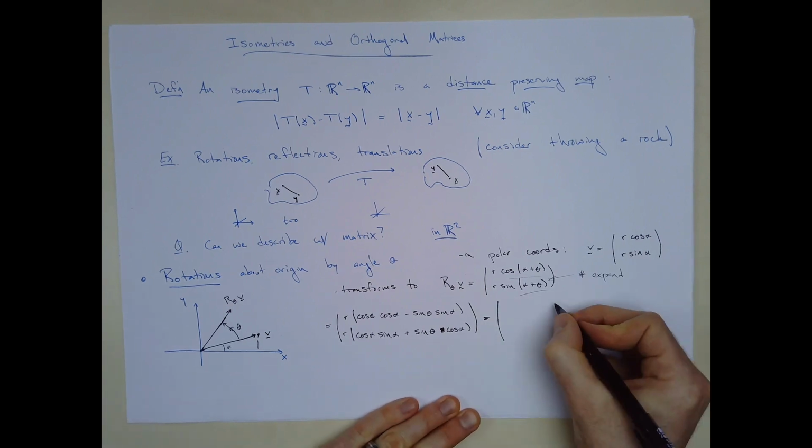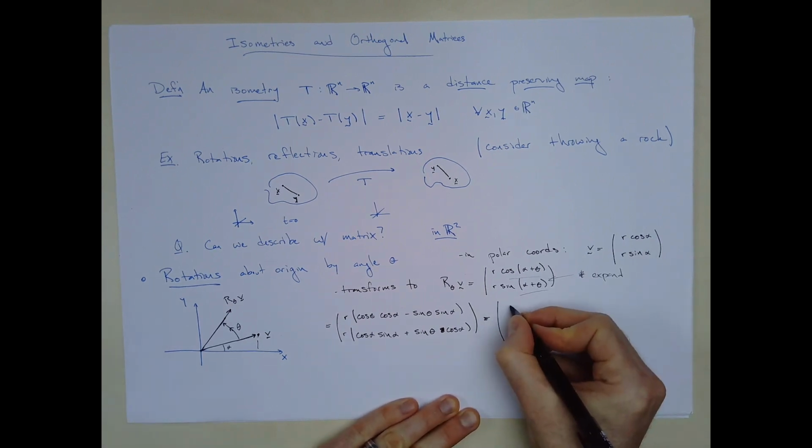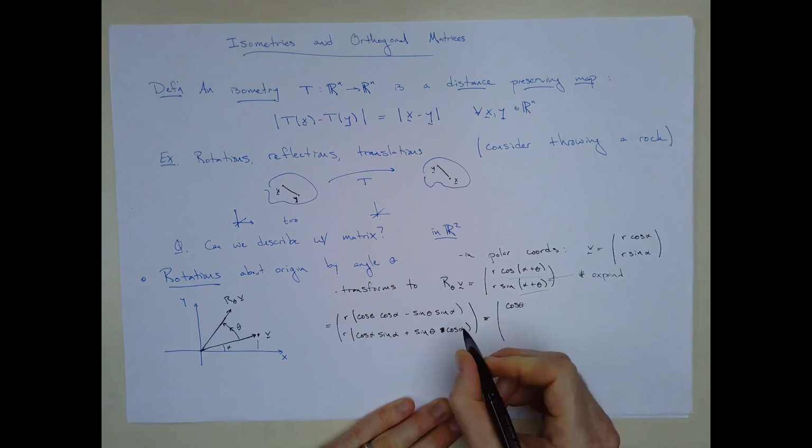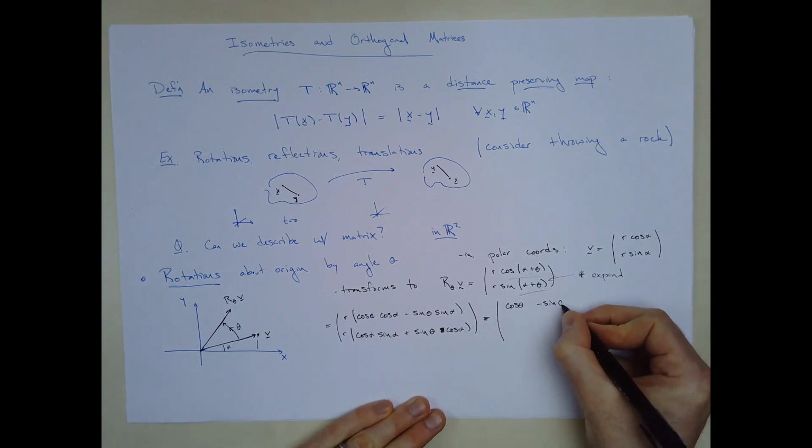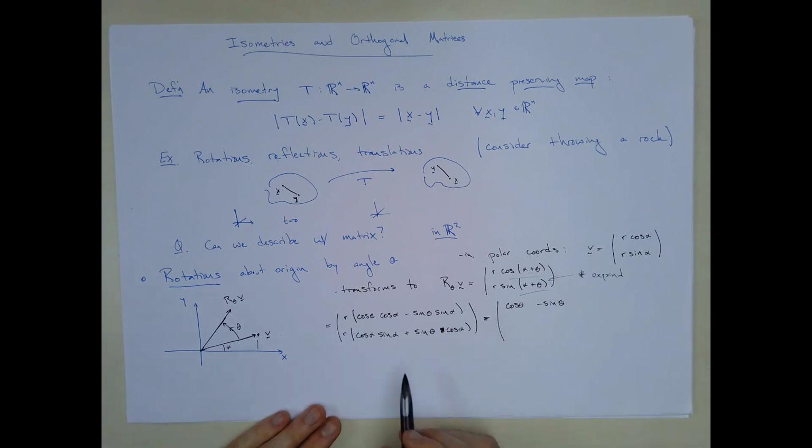So if I write this as cosine theta minus sine theta, this should be cosine theta sine alpha. This is a theta here.